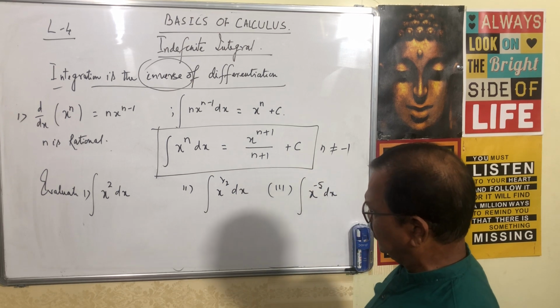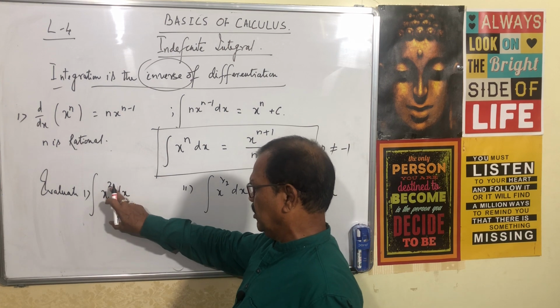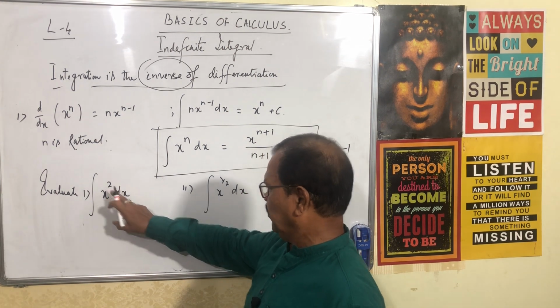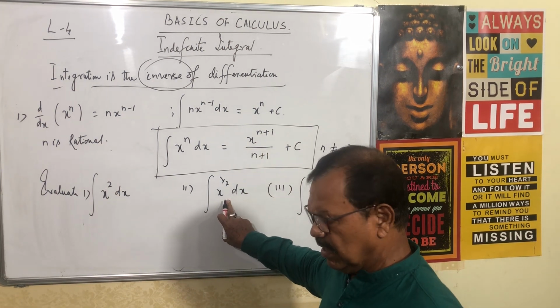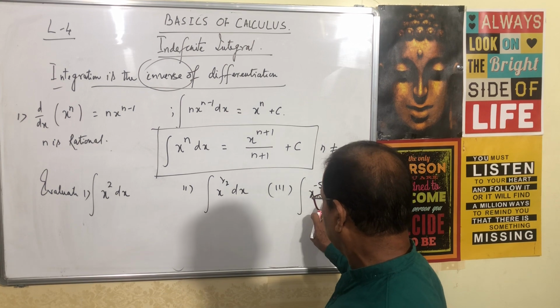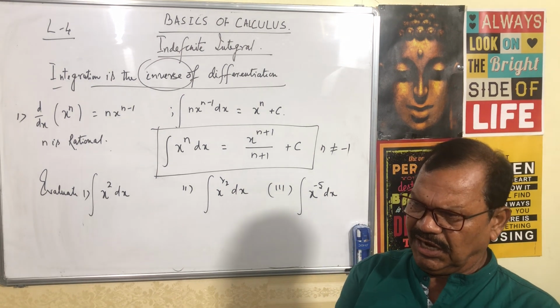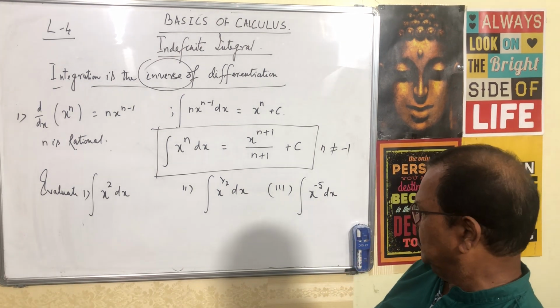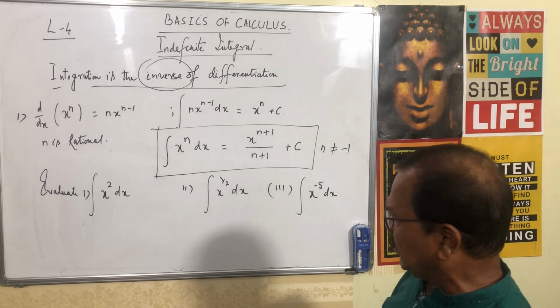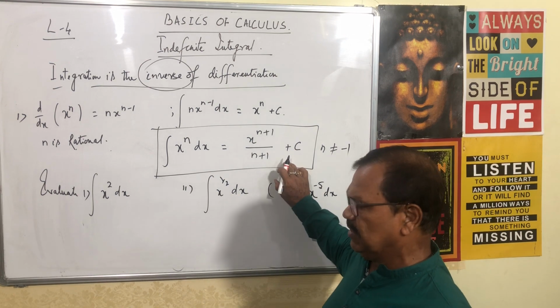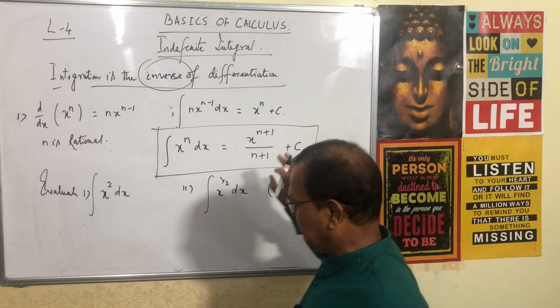I have taken the first as a whole number 2, the second as the rational number half, and the third as minus 5, which is also rational, a negative integer. So let us see the integration of these totally based on this formula.